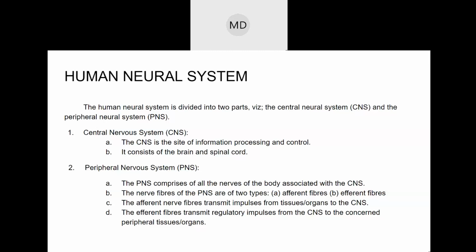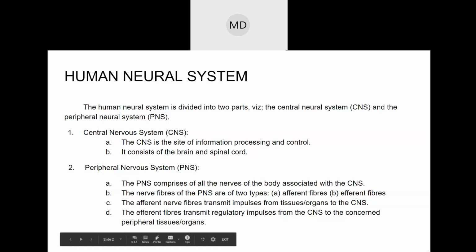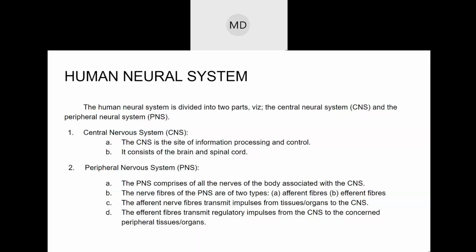For example, when you are touching a hot object, your hand cannot sense the hotness of that object. That is sensed by the brain.